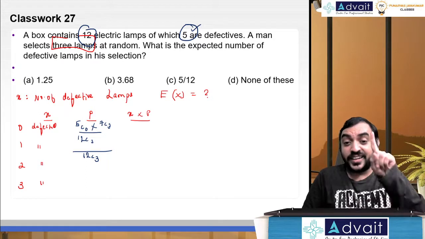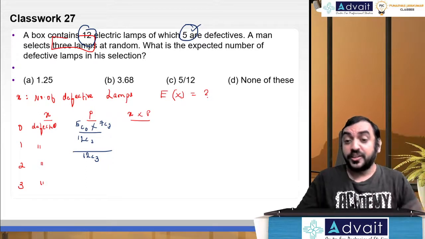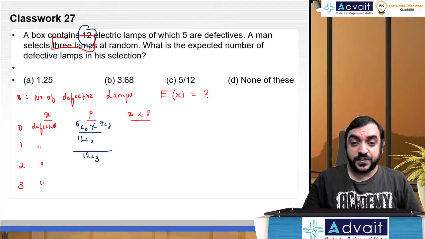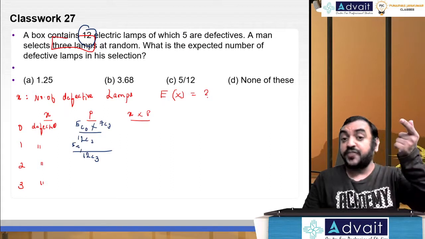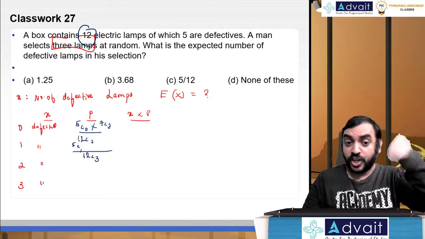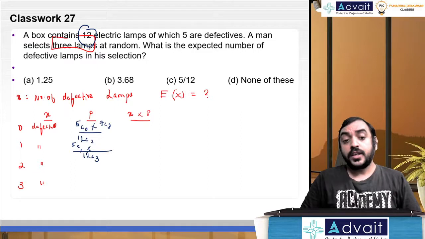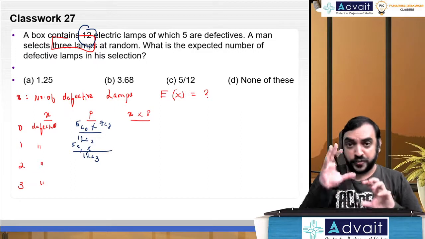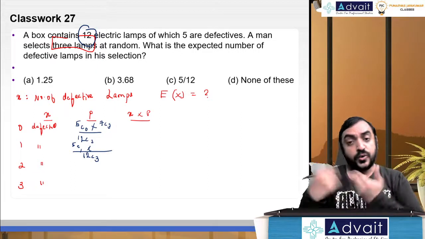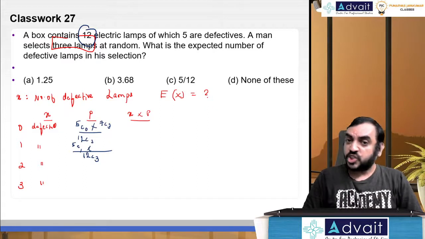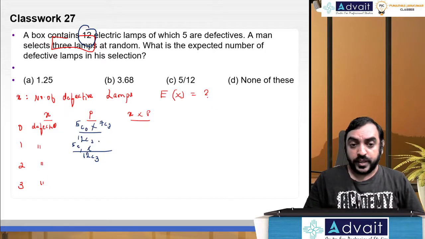You are selecting 1 defective from 5 defectives, so it is going to be 5C1. Previously 5C0, now 5C1. And so I multiply 2 normal ones. Out of 3 lamps, 1 is defective, remaining 2 are normal ones, non-defective. So it's going to be 7C2.